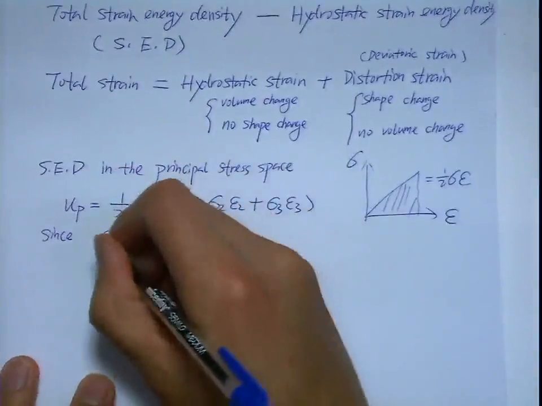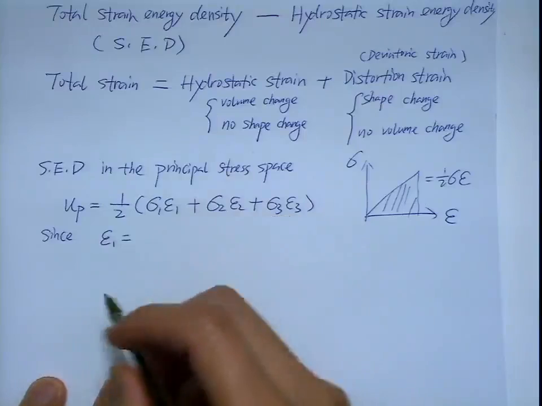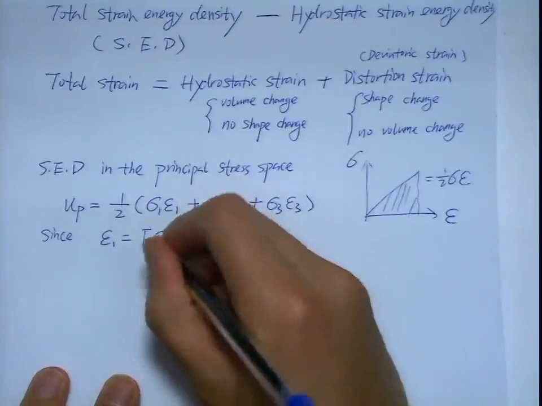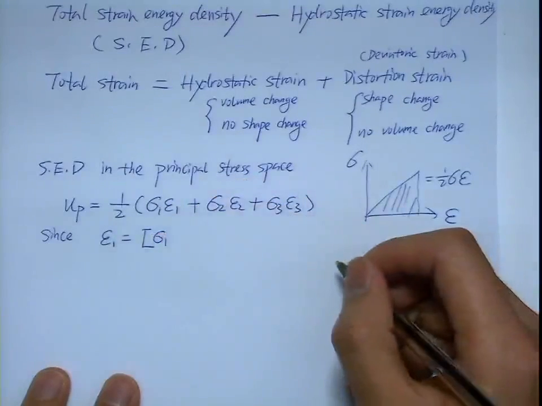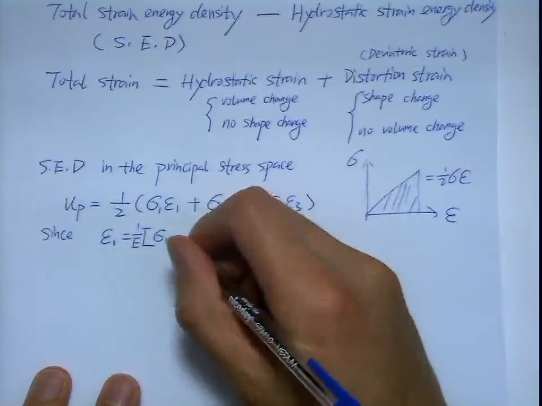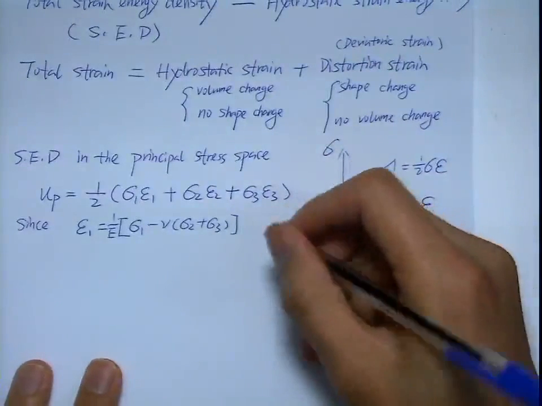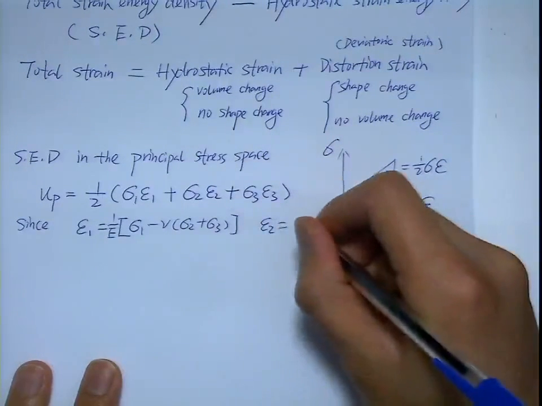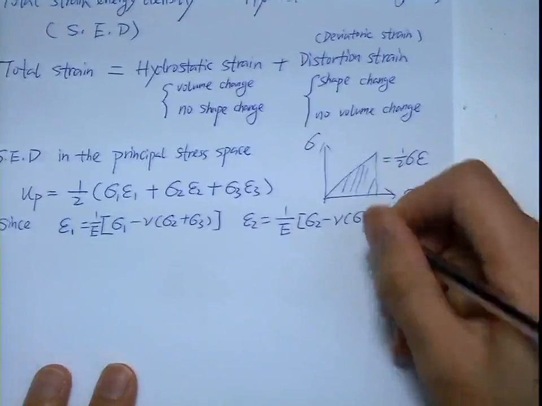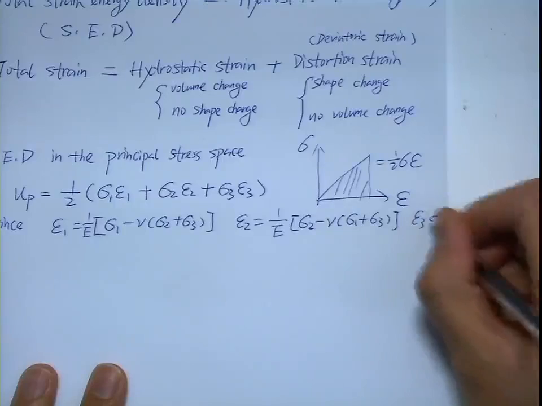Since epsilon 1 is the strain, if you write that in terms of the stress, you can write it like that. If you remember, I have shown you that in the previous lecture. Similarly, epsilon 2 is equal to that. Okay, similarly for epsilon 3.